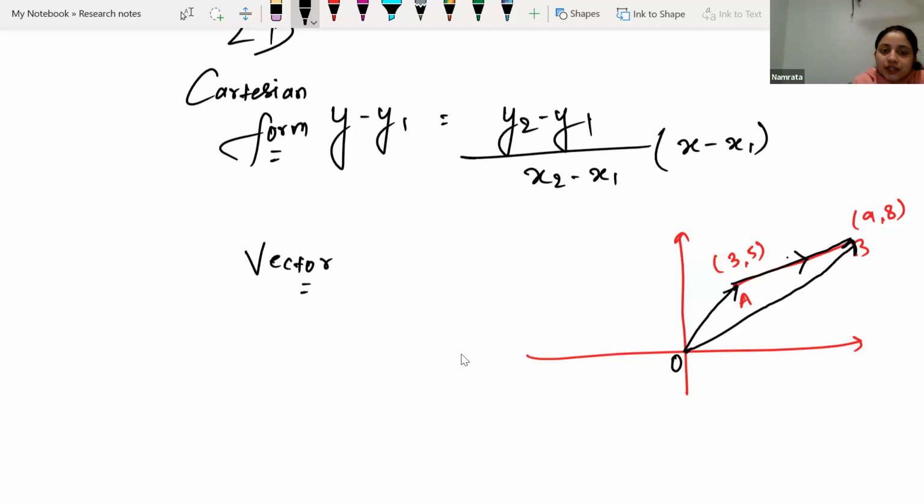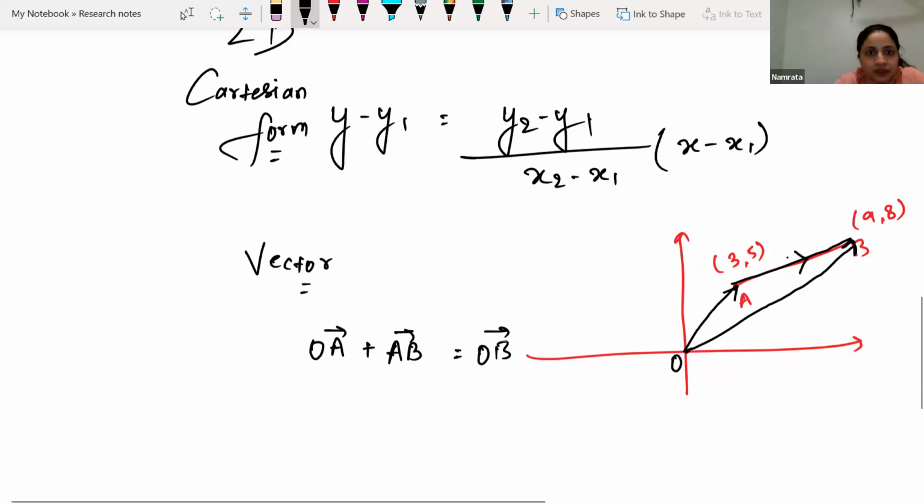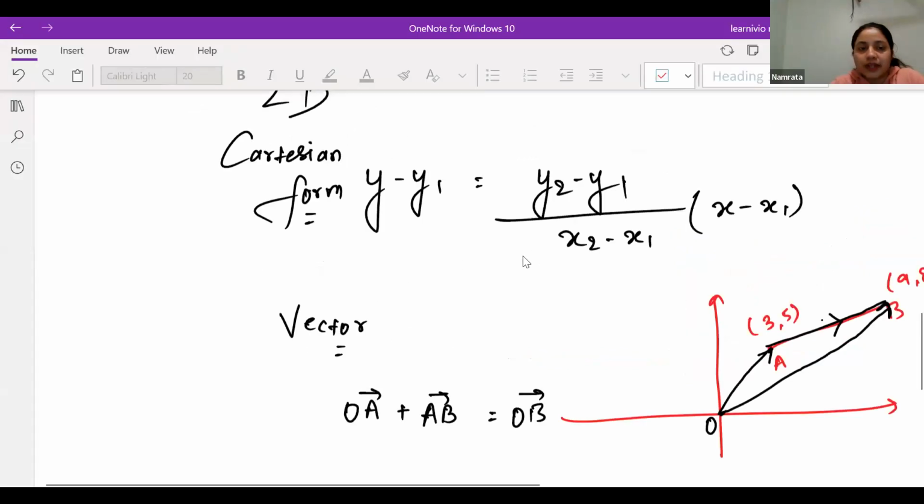We can write it in vector form if you know the triangle law of vectors. So we can write OA vector plus AB vector is equal to OB vector. Do you know this triangle law of vectors? Please let me know.